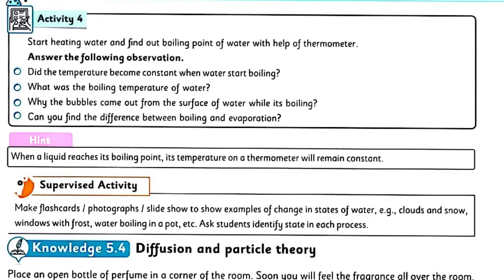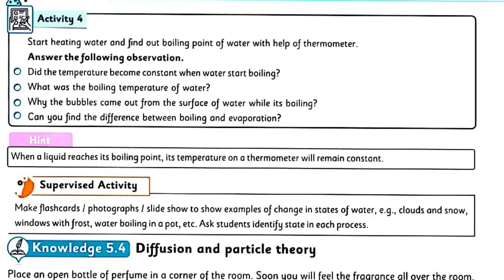Why did the bubbles come out from the surface of water while it was boiling? Can you find the difference between boiling and evaporation? Hint: when a liquid reaches its boiling point, its temperature on a thermometer will remain constant.